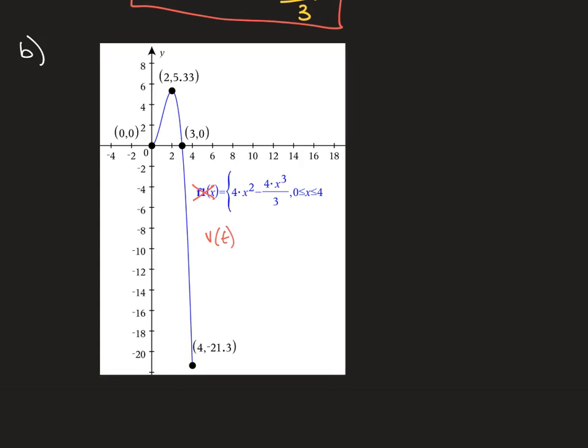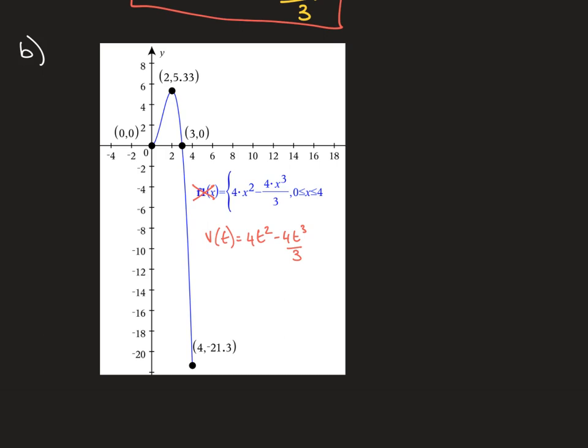If I was asked to sketch this in the exam, I would just make sure that I am using t's and not x's. You have to be so careful. Labeling, make sure you're labeling the graph correctly.